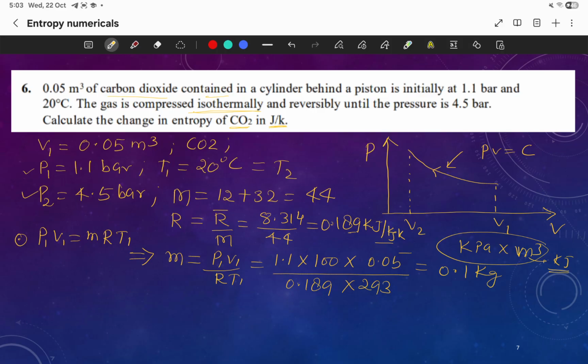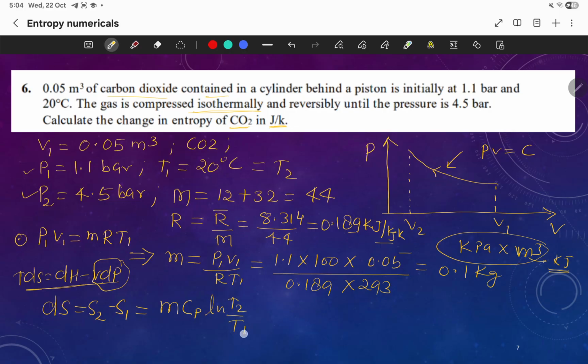Okay, now just do the calculation. We know that change in entropy, that is S2 minus S1, so we will apply which equation? TdS equals dH minus VdP. Okay, because here pressure is constant. Now you can see we will get m Cp of CO2 into ln T2 upon T1 minus mR ln P2 by P1.